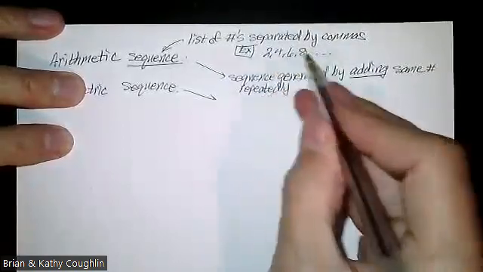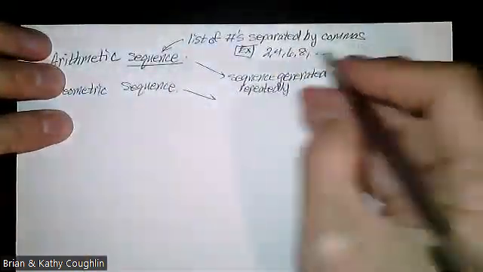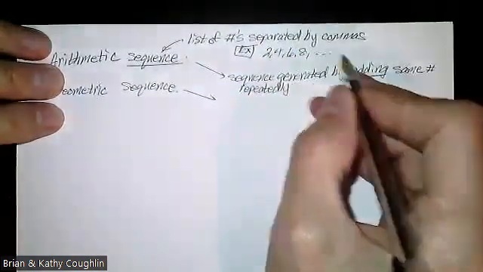This list up here, 2, 4, 6, 8, is an arithmetic sequence because they're adding the number 2 over and over and over.